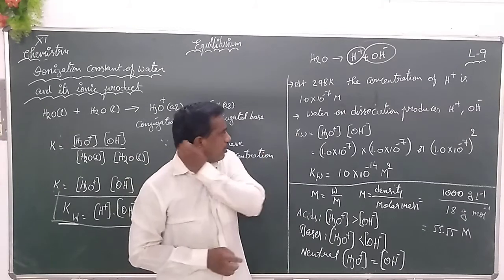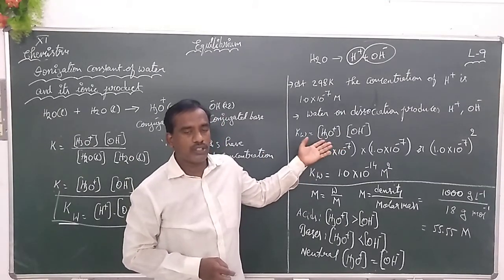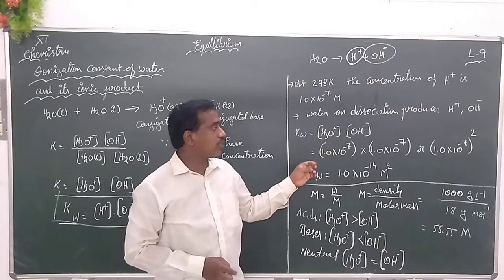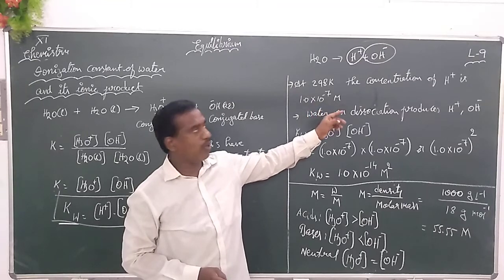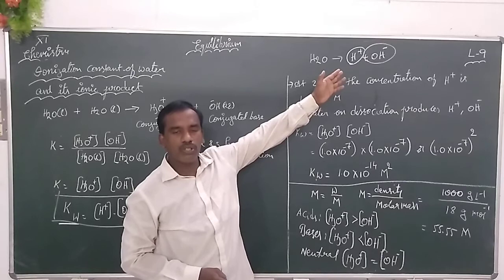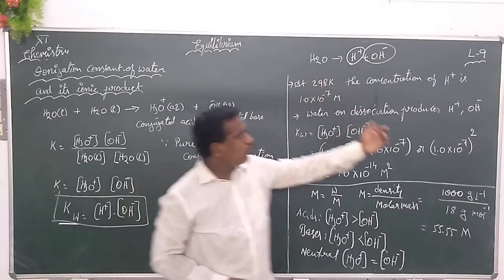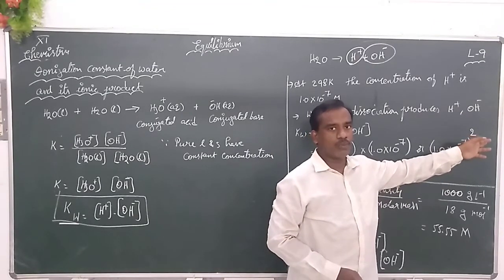Then Kw is equal to the concentration of H3O plus into the concentration of OH minus ion. What is the concentration of H plus ion? 1.0 into 10 power minus 7 molarity. Then what will be the concentration of OH minus ions? We have equal concentration, right? Because they are equal in number when produced. So we write 1.0 into 10 power minus 7, whole to the power of 2.